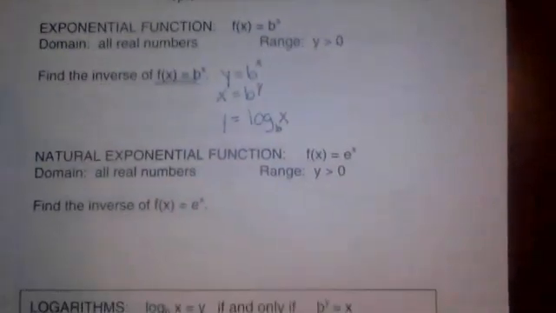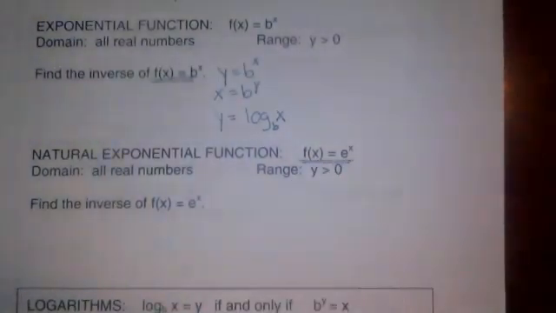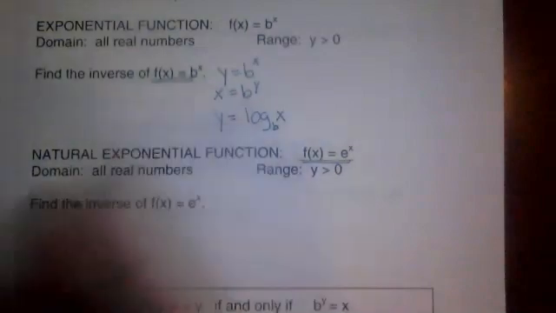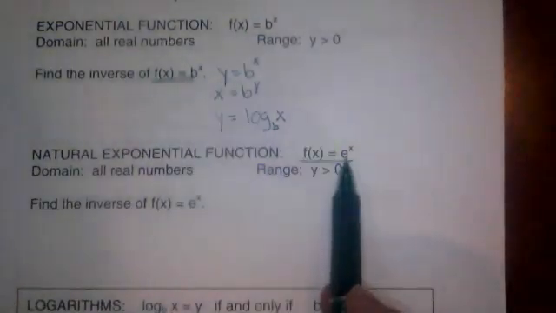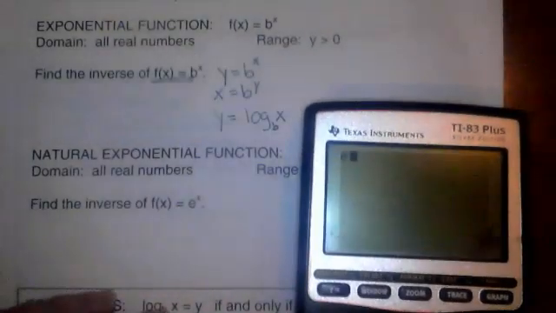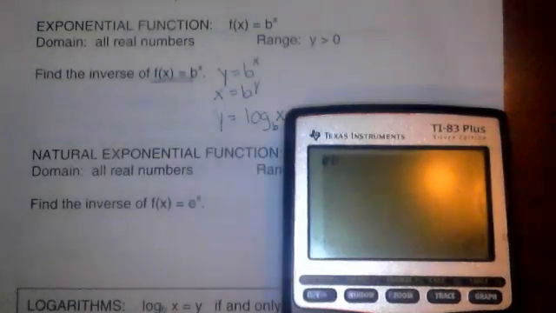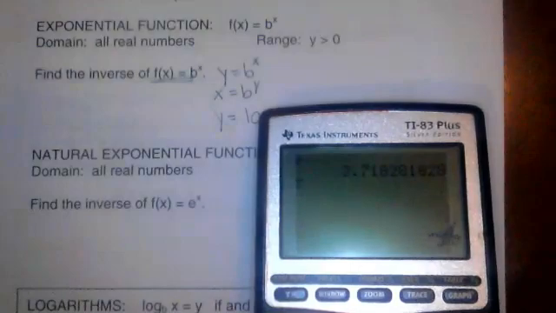All right, so here is another one. They are giving us this equation, which is actually the same as the one above. It's just that instead of putting b, they put e. E is an actual value. E is just the natural number. So on your calculator, if you put in e, it will tell you that that is 2.718281828.